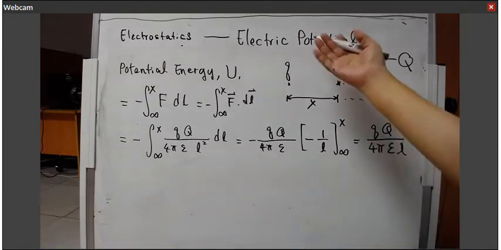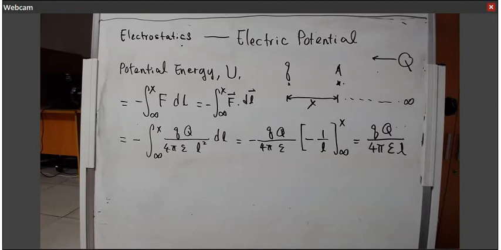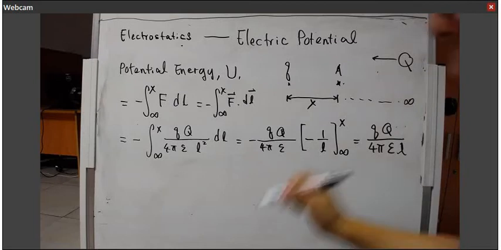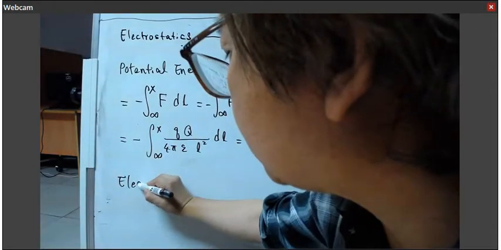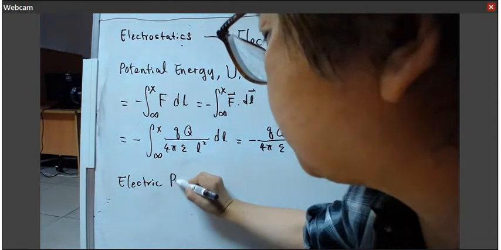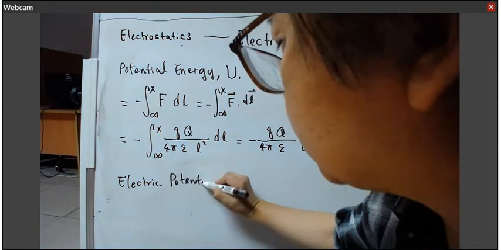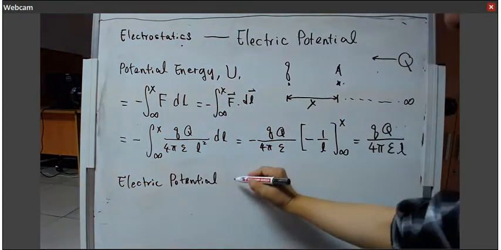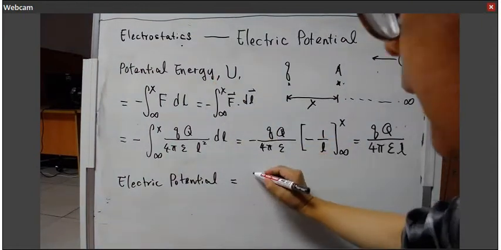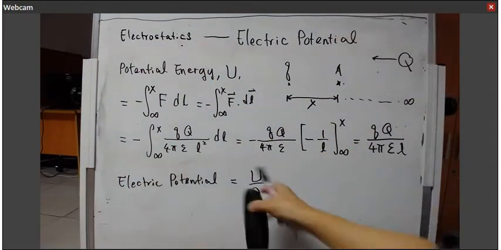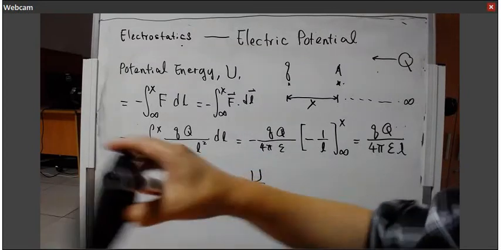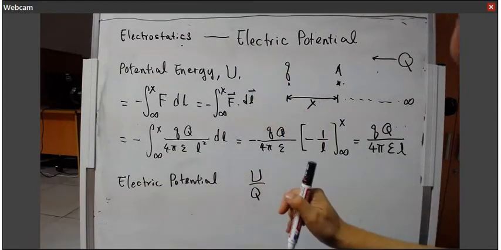And the topic here is about electric potential. What is the relation between electric potential and potential energy? The answer is very simple. Electric potential is just the potential energy divided by Q. This is the convention being used in electrical engineering.